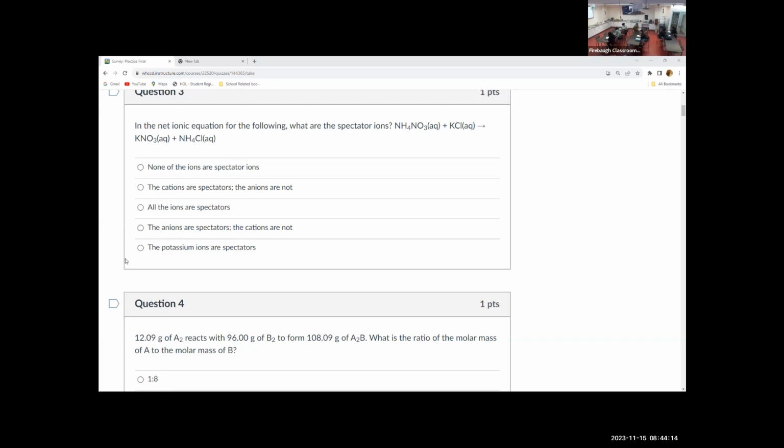Spectator ions. What are spectator ions? That's right, they're not going to change on either side of the equation. So the first thing that I have to do in this case is figure out what is able to dissolve. What do I mean by dissolve?